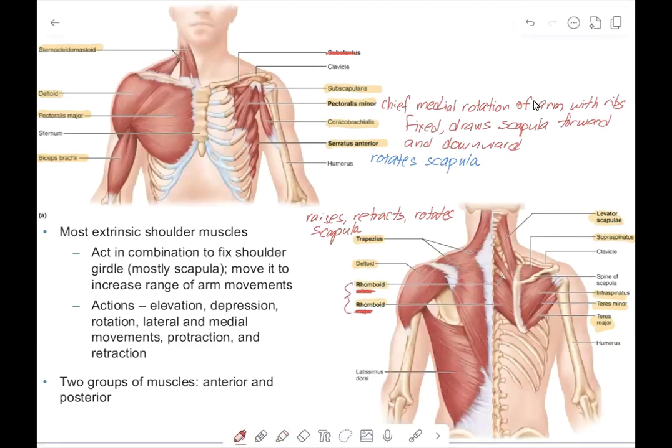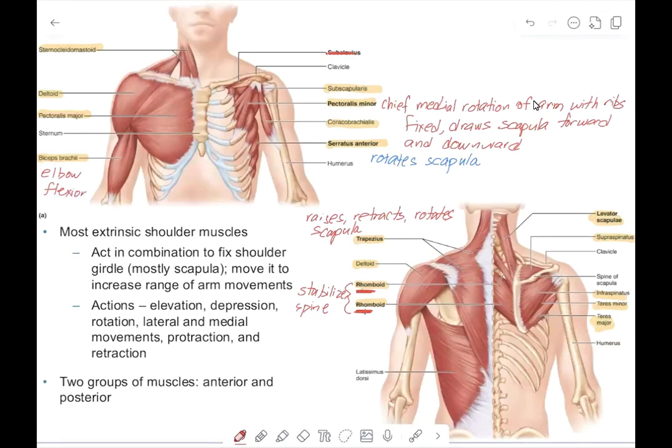Both of these muscles are going to stabilize the spine. And these muscles tend to be a little deeper. They're found on the right side of this diagram. The biceps brachii, just to remind you, is responsible for elbow flexion.